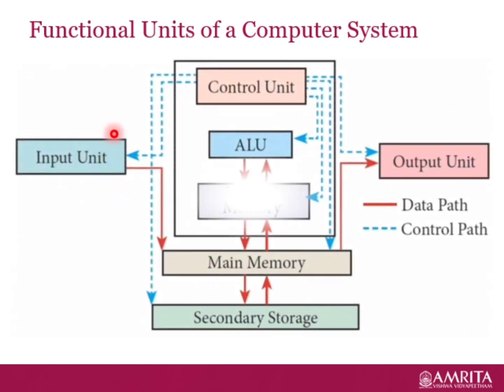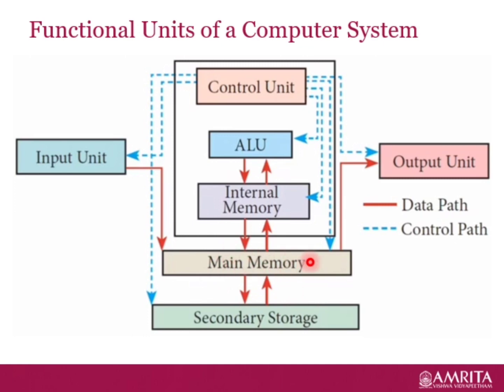This slide definitely gives you a better understanding of the functional units of a computer system. This is the input unit. This block is the central processing unit, which contains the control unit, the arithmetic logic unit, and some internal memory like the registers and cache memory. The memory unit mainly has the secondary memory as well as the main memory.